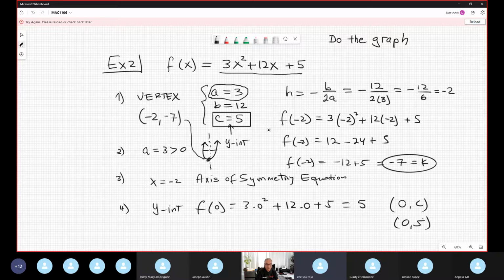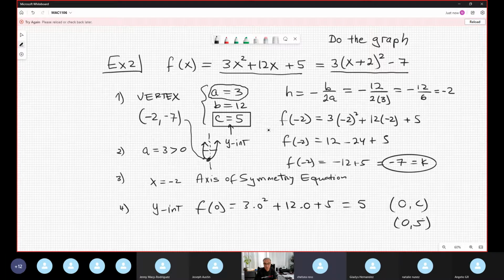However, for the vertex form, the advantage is, in this case, 3 times parentheses x plus 2, because it's minus the formula, squared, minus 7. So this equation is 100% equivalent to this equation. They are identical either way.